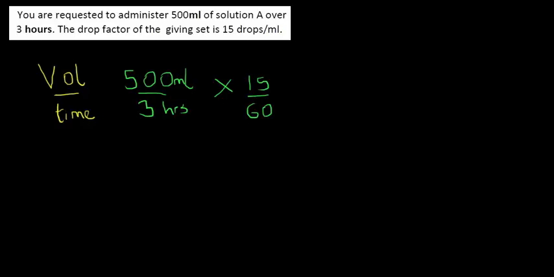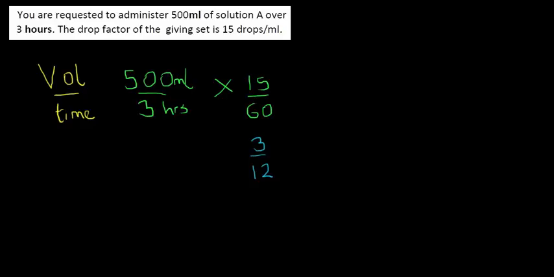Now I can't simplify that first fraction 500 over 3 because 3 doesn't go into 500, so I'll leave that as it is. But 15 over 60, well, 5 goes into top and bottom, 5 goes into 15 3 times, and if you work it out, 5 into 60 is 12 times.